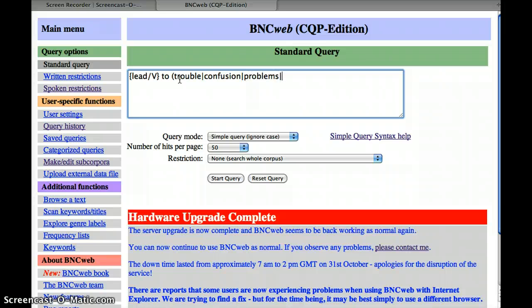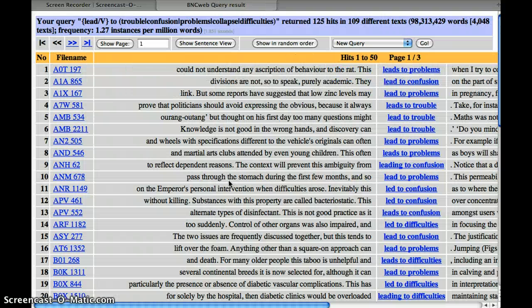Problems. Collapse isn't a good thing. These words might be slightly different from the ones in the sheet, but the principle's basically the same. Let's see what we get if we look for these. 125 hits, that's not bad.